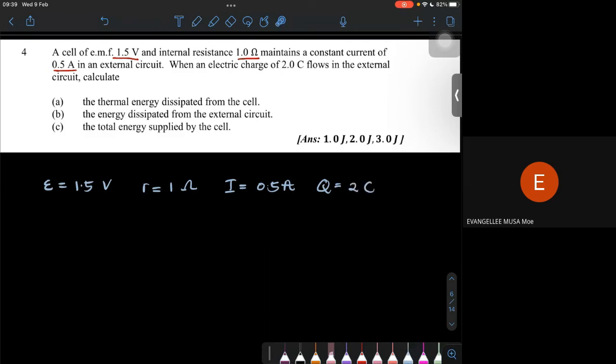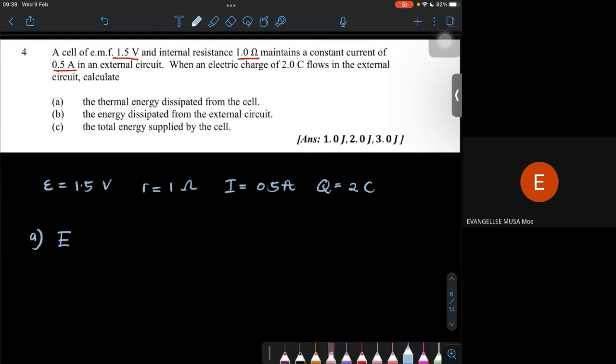Okay, first we want to find the thermal energy dissipated from the cell. Okay, so keyword dia dekat sini adalah daripada cell. So what is the cell here? Cell ni dia sebenarnya merujuk kepada mana?